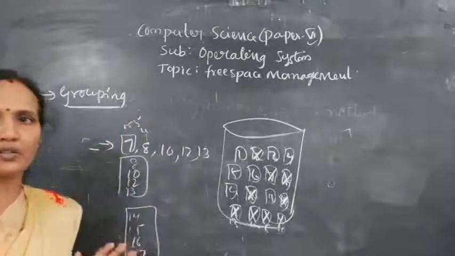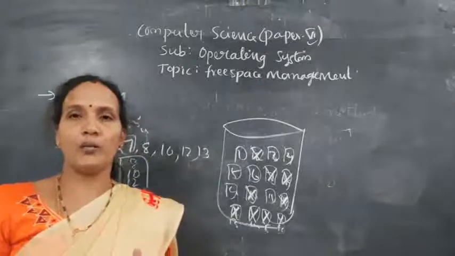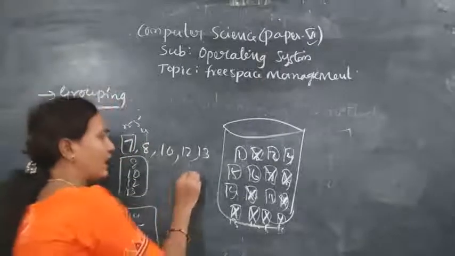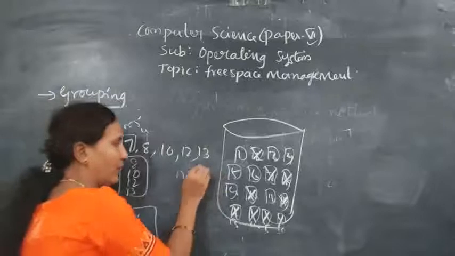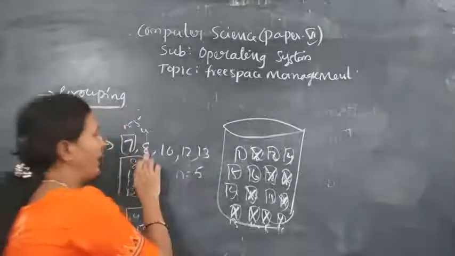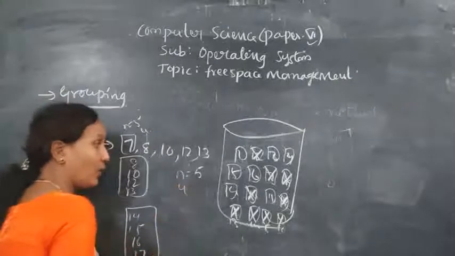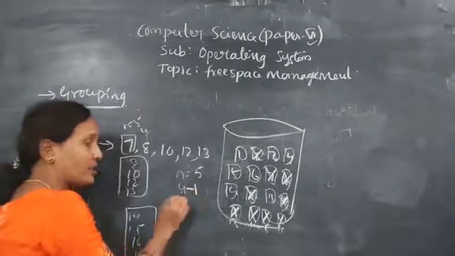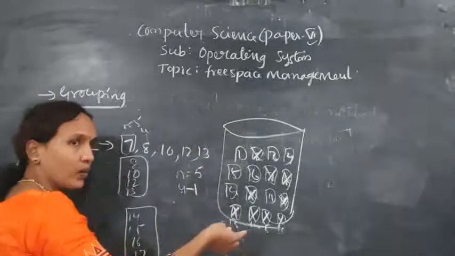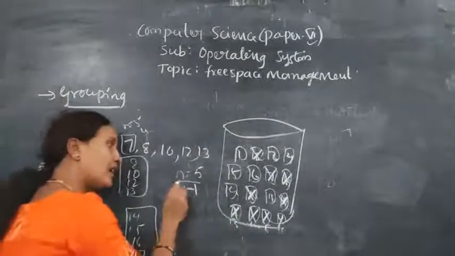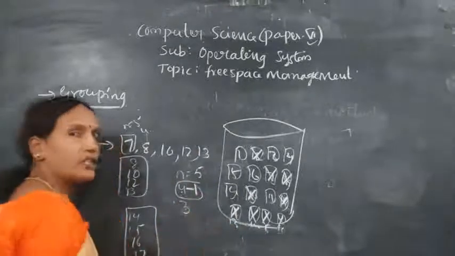Okay, understood? So in this type of method, for example, if you have 5 free blocks, the first block maintains information about 4 blocks. Out of these 4, one block maintains information about the next group.